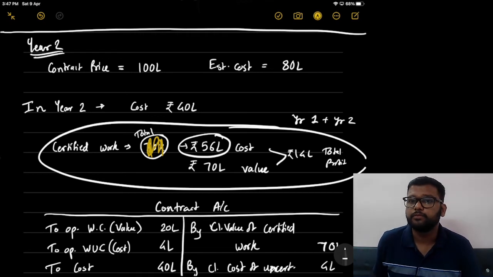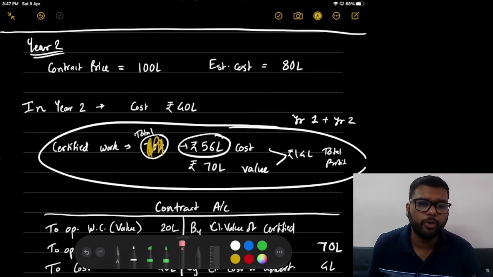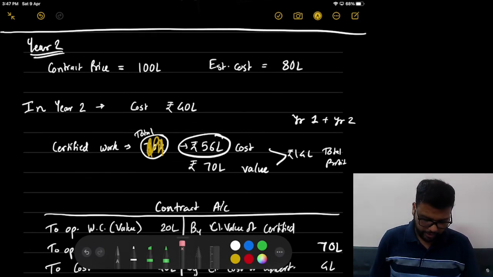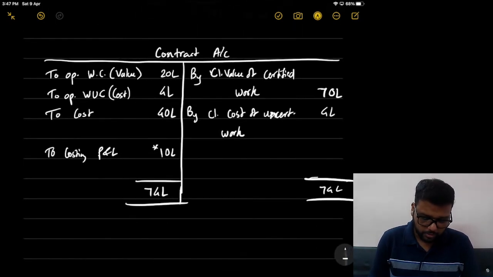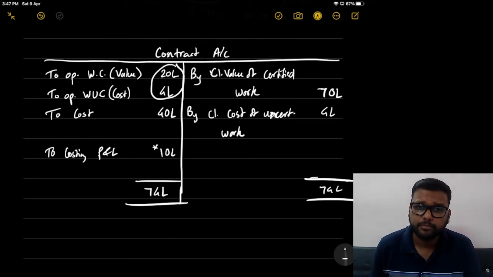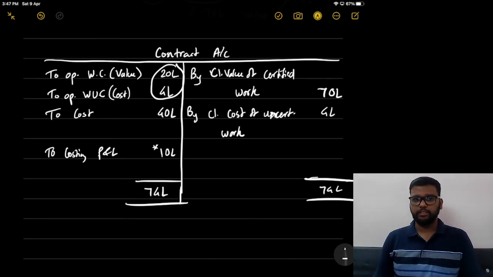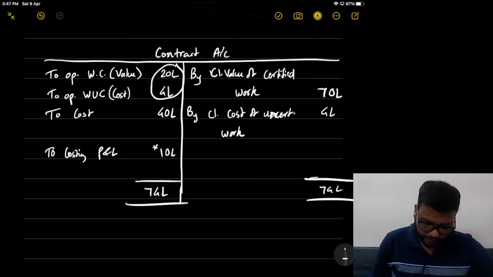Yes, sir. Fine. Now let's think only about year 2. Now in year 2, first of all, we reverse these two, correct? Right. Fine. Then current year's cost is 40 lakhs, so we'll write it.